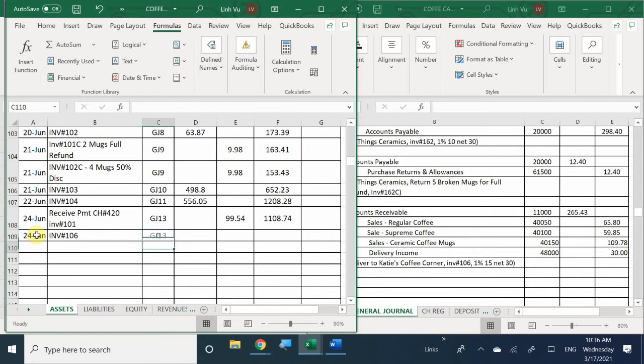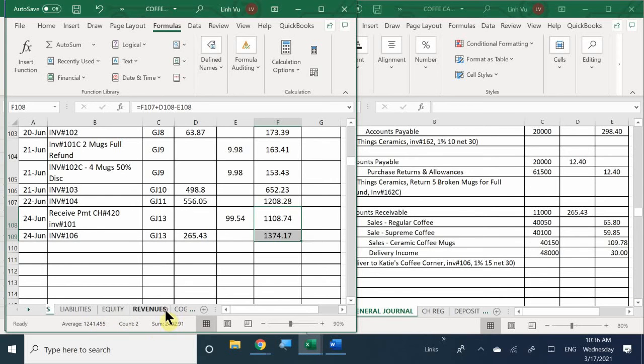Journal 13 for 265.43. So what is my ending balance in my accounts receivable account? 1374.17. Good.